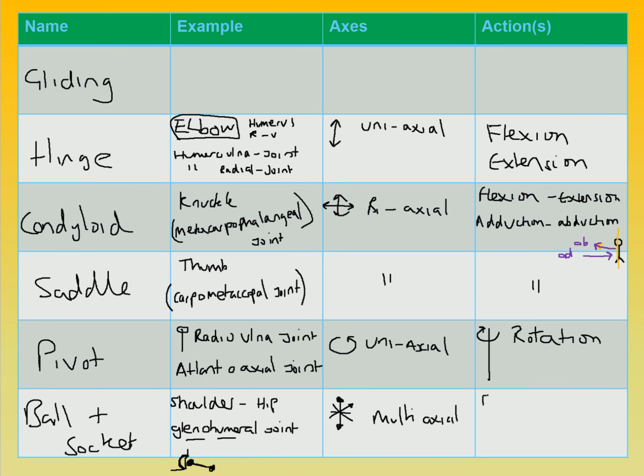So it can do flexion, extension, abduction, adduction, rotation, and a combination of those things results in a new movement called circumduction, and that's a combination of all of those things.